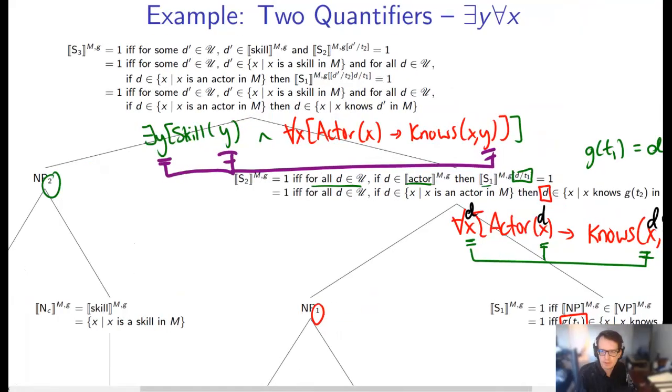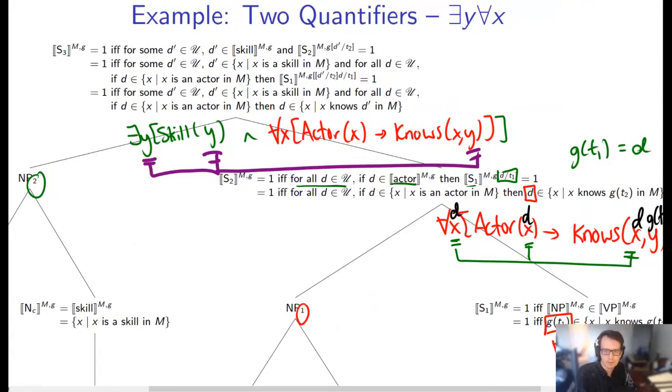So if we just spell it out piece by piece, first we apply the rule in the first step. So this says if for some D prime in our universe, so again, we're using D prime here because we've already used D. You could use E if you want, or any other letter that hasn't been used already, but we've used D, so now we're using D prime.